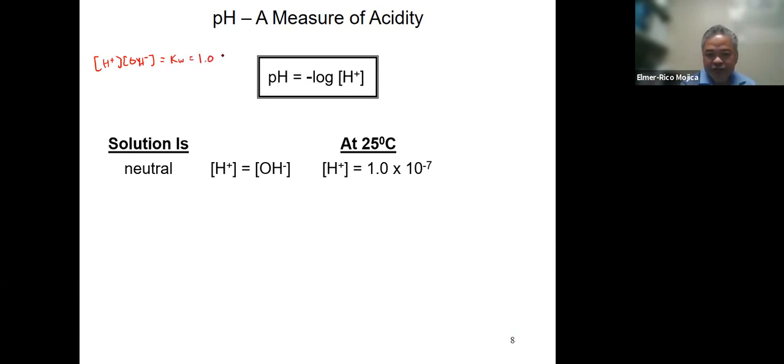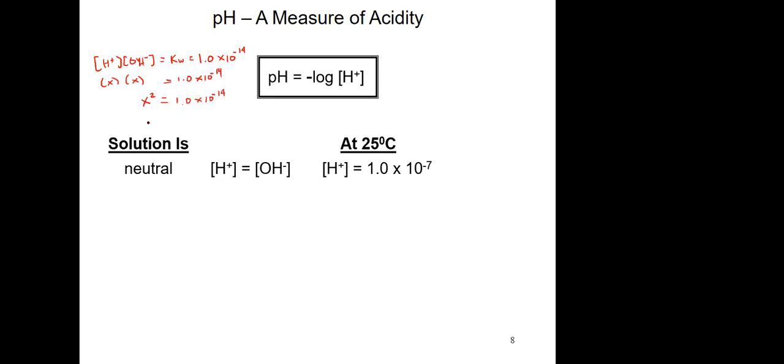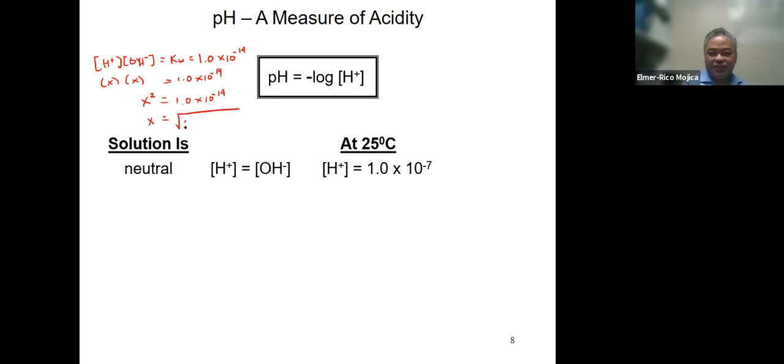So that's 1.0 times 10 to the negative 14. So how do you think you get the value when H plus is equal to OH minus? So maybe let X equal this. How do you get X? What do you do with the value here? Find the square root.